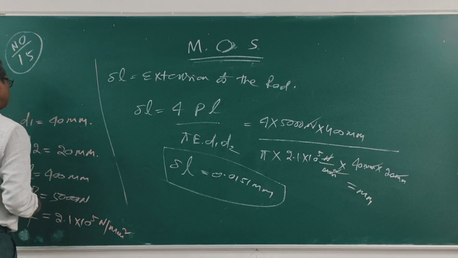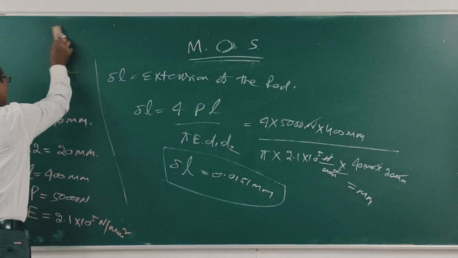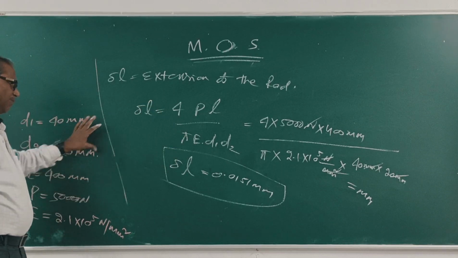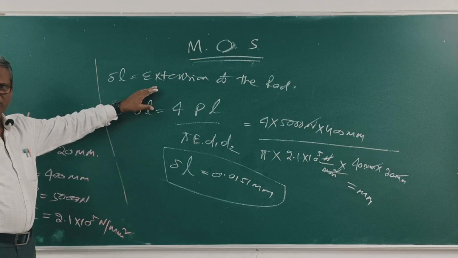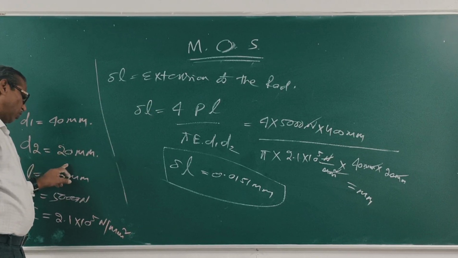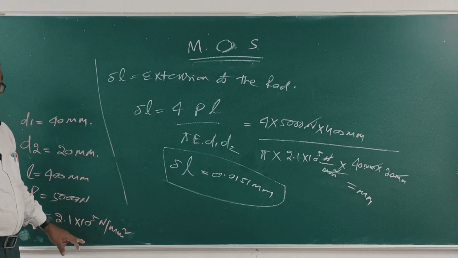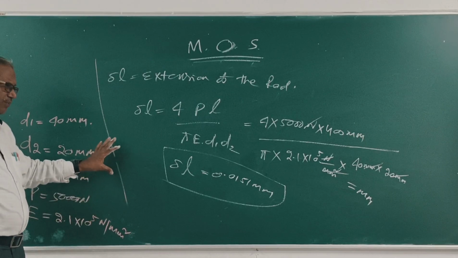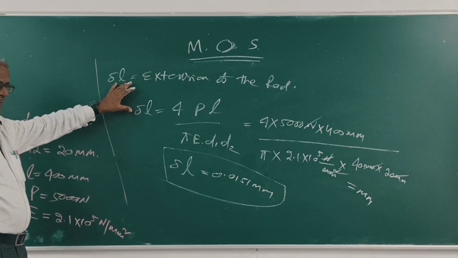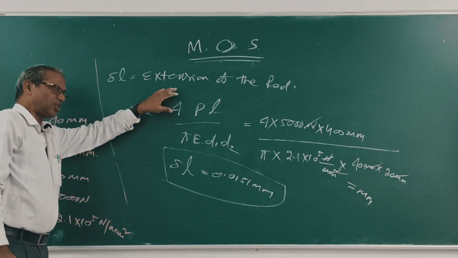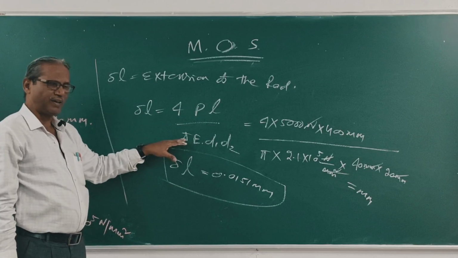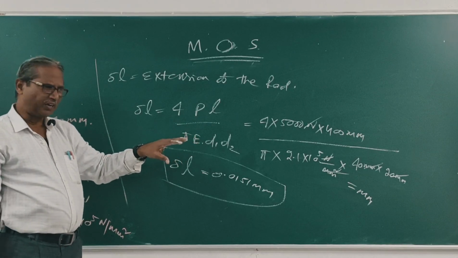16. This is the given data. We'll find out delta L. Given data is D1, D2, L, P, E. They are given data. Our find data is delta L, extension of the rod. Delta L is equal to 4PL by pi E D1 D2.